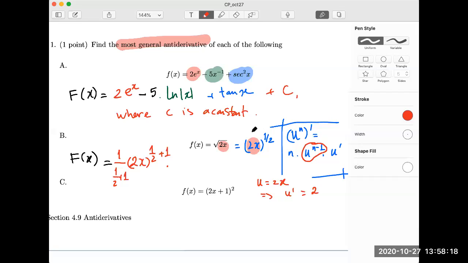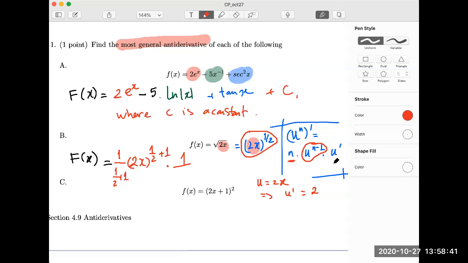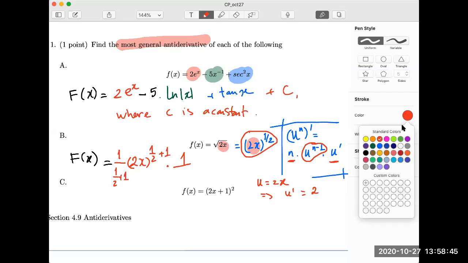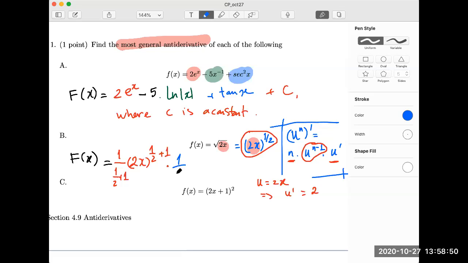And in this case, we are given u to the n minus 1, right? It means that in order to find the antiderivative, we need to do this and divide it by a constant, divided by the u prime, which means 1 divided by 2.